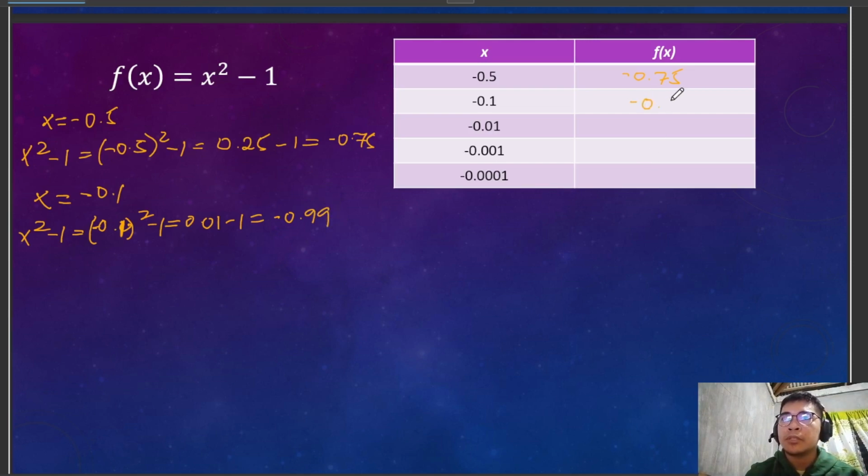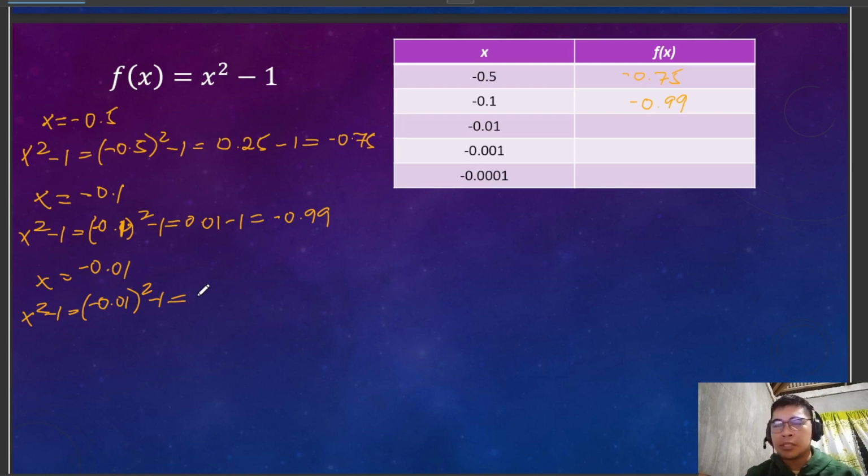Okay, negative 0.99. And then x equals negative 0.01. So x squared minus 1 equals negative 0.01 squared minus 1. So what is 0.01 times 0.01? That is 0.0001, minus 1, is equal to negative 0.9999. Next, x equals negative 0.001.